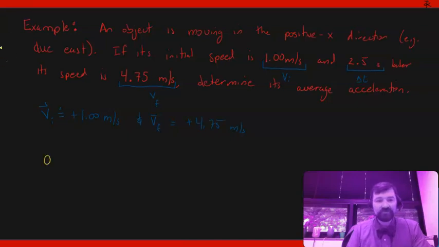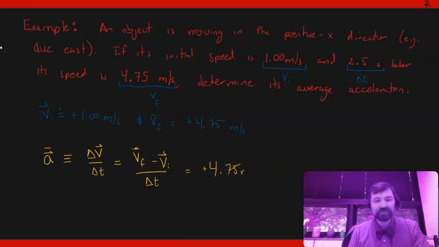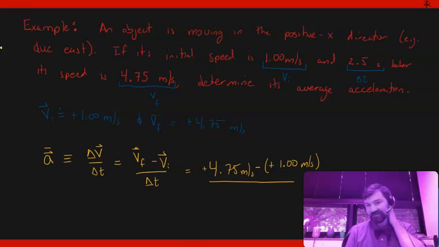Now, our definition for average acceleration says that it should be the change in velocity per time, and change in velocity just is the final minus the initial velocity, divided by delta t. So we would have positive 4.75 meters per second minus positive 1 meter per second, all divided by the time, which is 2.5 seconds.